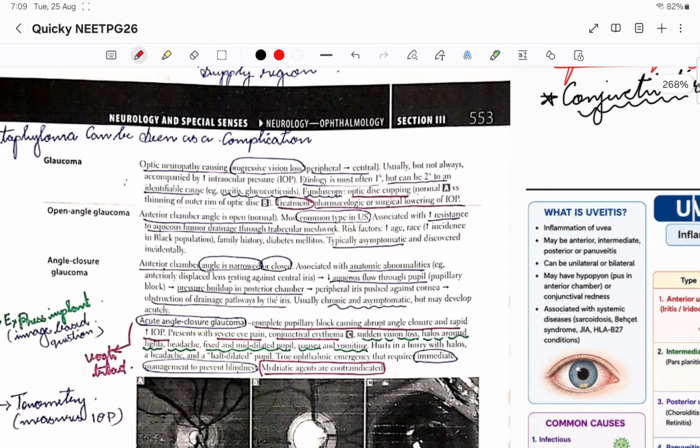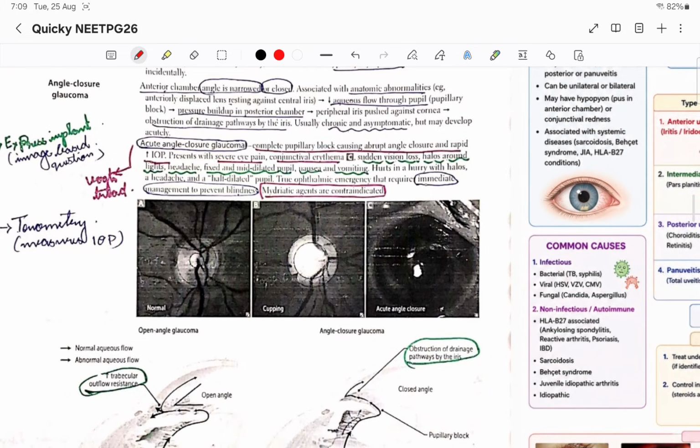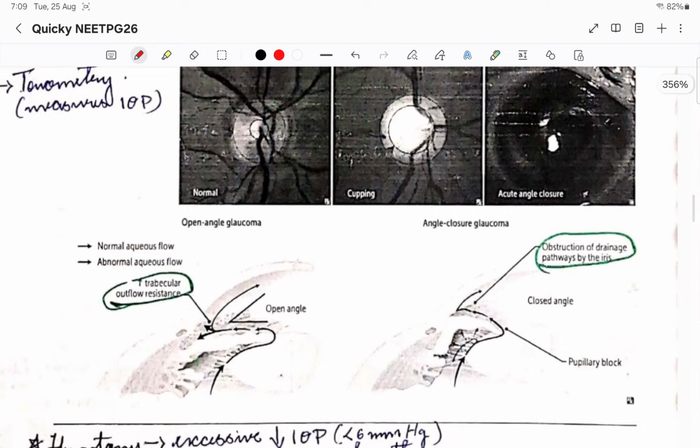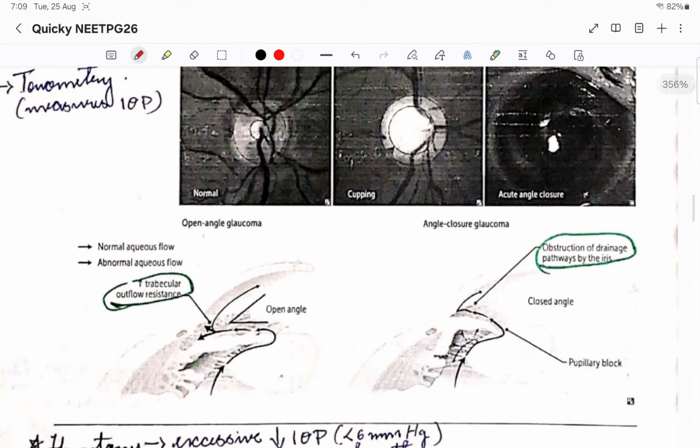Now let us see the specific types. We know angle closure glaucoma and open angle glaucoma. What does that mean? Between the lens and the cornea there is an angle.